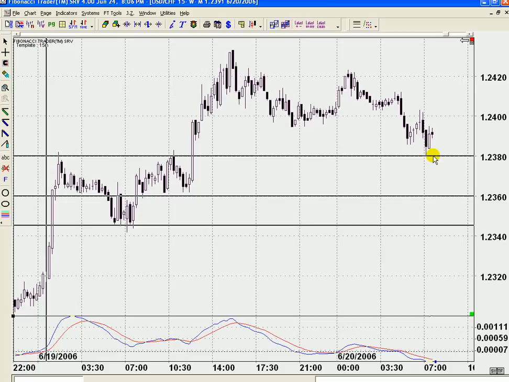And this is where a lot of traders get into trouble. Price bounced at 123.80, and where a lot of traders get into trouble is that, on this bounce alone, it came back 15 pips.